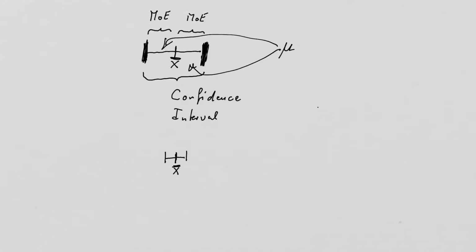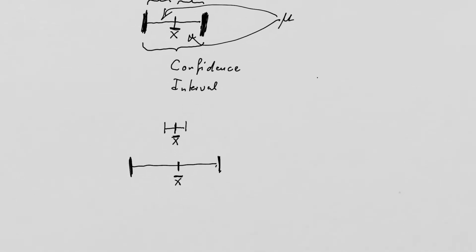It's probably not terribly likely, but if we have a much wider confidence interval, it's quite likely that the true mean is located in that. So basically, the more certain we want to be that our true population mean is captured by this confidence interval, the wider this confidence interval will be.